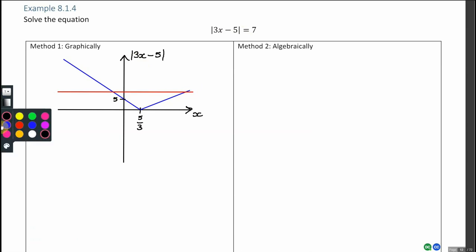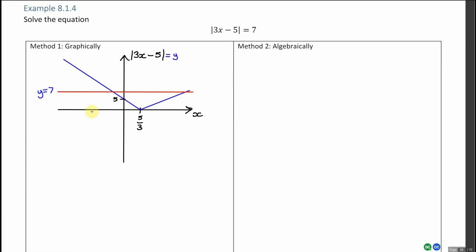Of course, in this example, y is effectively the modulus of 3x take 5. So horizontal line there, y equals 7. And we can see there are two places where the graph of the modulus of 3x take 5 has a value of 7. One there and one there as well.